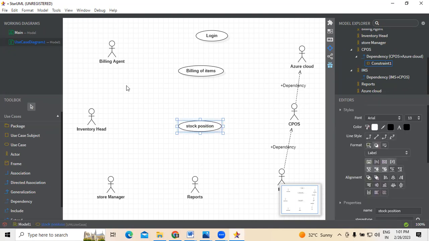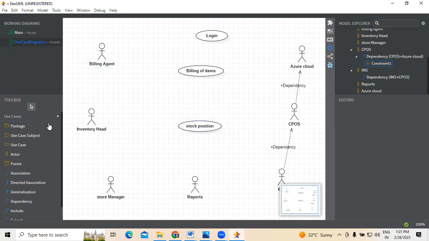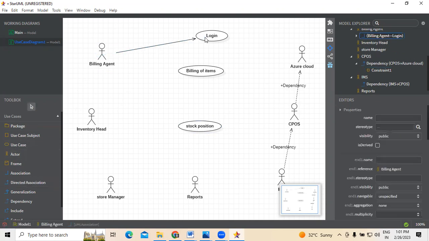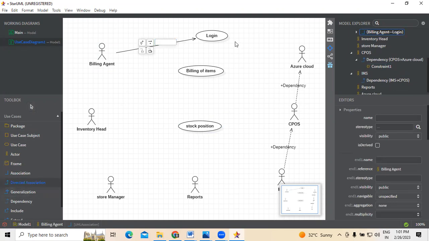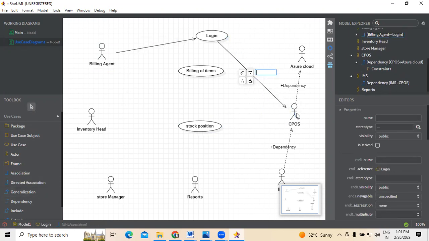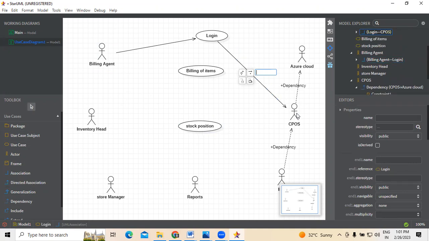Now, a billing agent wants to log in. So here you can see there is an option called directed association, which will be used to connect with this. Right, so login has to be performed. If you want to log in, if you want to do the billing items, what is required? Login is needed.